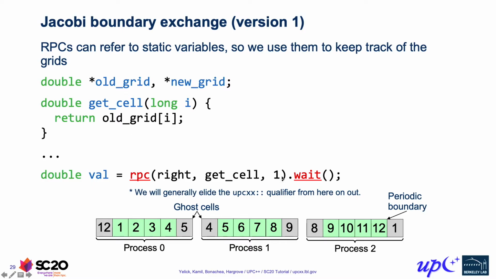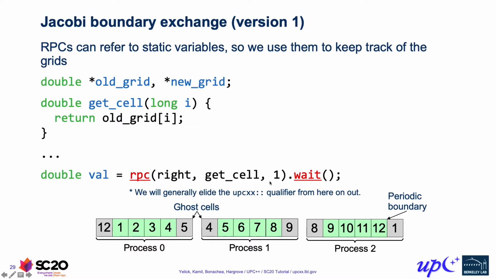And again, what RPC does is we get back a future that represents the result, and we can wait on it as we're doing over here to wait for the operation to complete so that we get the resulting value, in this case, the value of the cell. Now I'll mention that from here on out, we'll generally elide the UPCXX:: qualifier just to make our slides a bit more readable, but we'll still maintain that UPC++ names are in red and underlined.